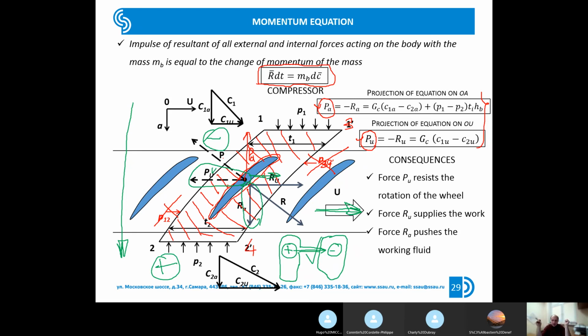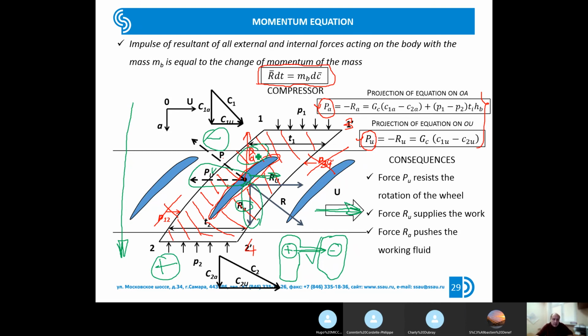Do you have any questions? Yes, about RA. Is it the R which is going down? It must be higher than RA, no? So this force is equal to this force by Newton's third law.